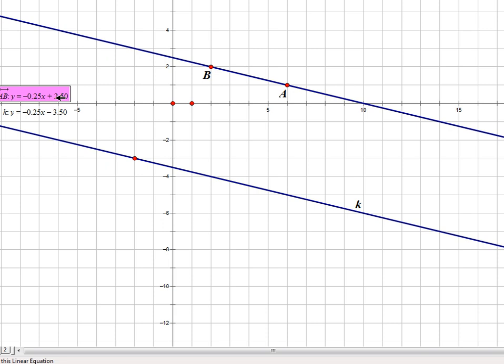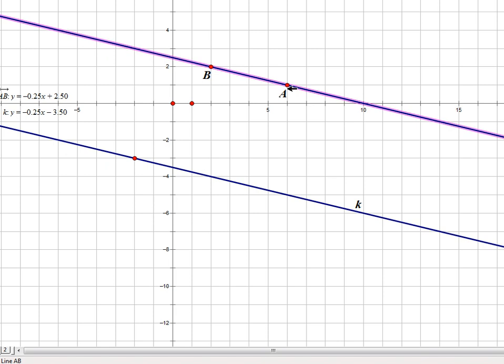This equation right here matches that line, and the second equation is for line K. First of all, I have y equals negative 2.5x plus 2.5, and y equals negative 2.5x minus 3.5.